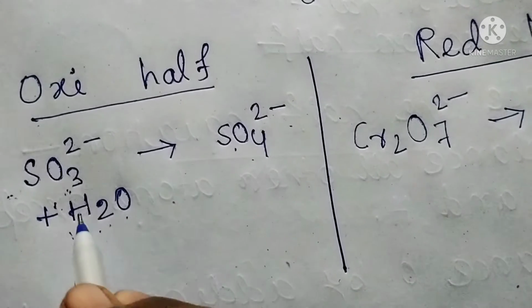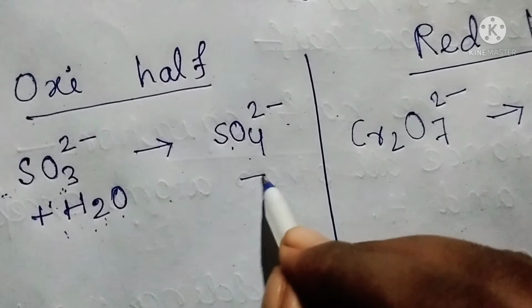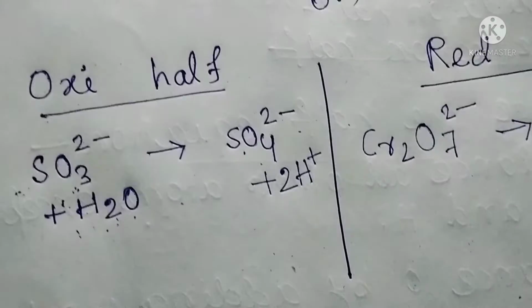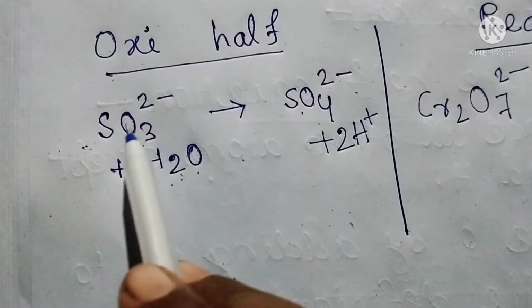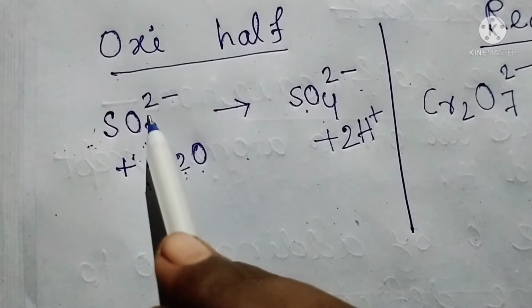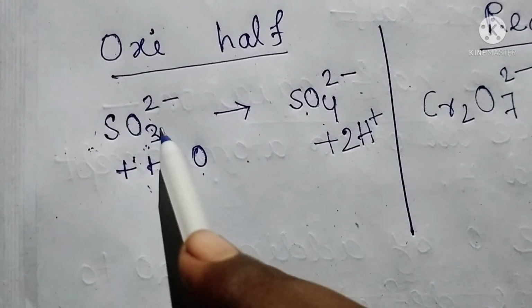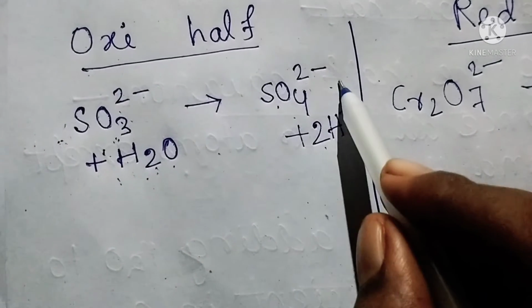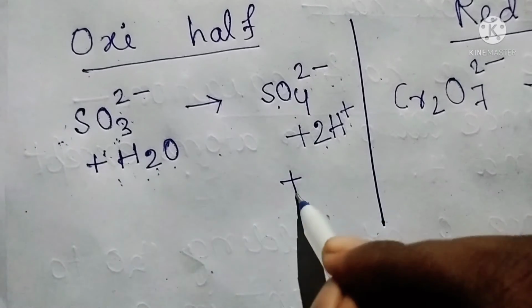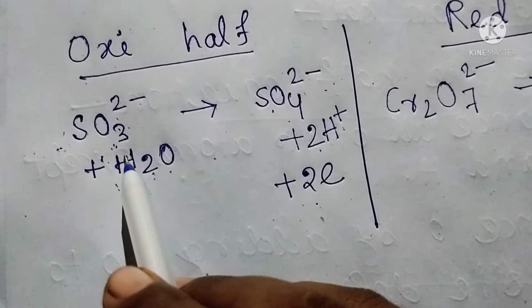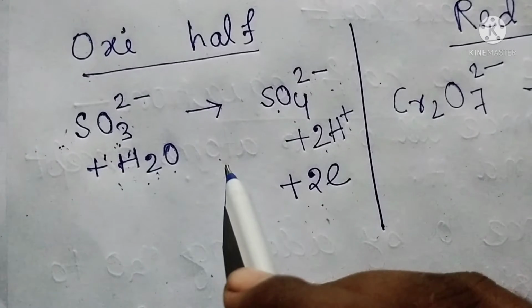Here 2 hydrogens are present, so we add 2 H+ here. Now add electrons. Here SO3 2- has a total charge of 2 minus, and on this side the total charge is 2H+ and 2-, so 0. So we add 2 electrons, and both sides are 2 minus. So the oxidation half is balanced.